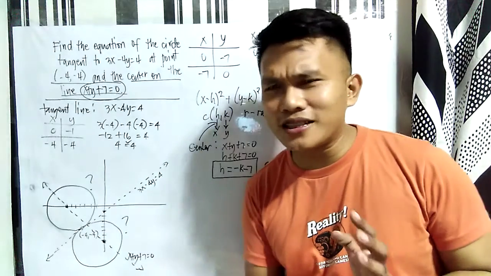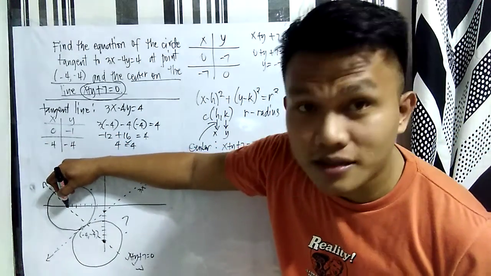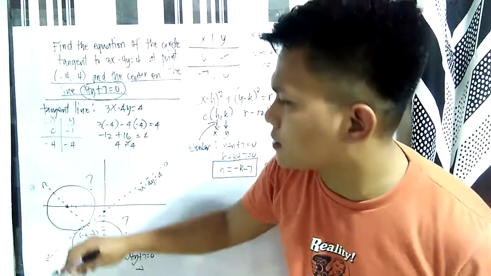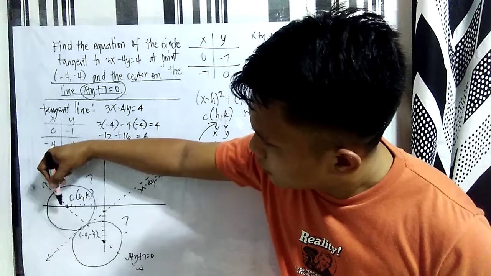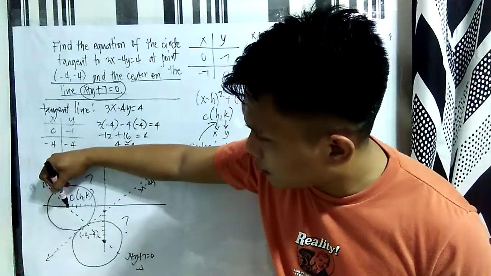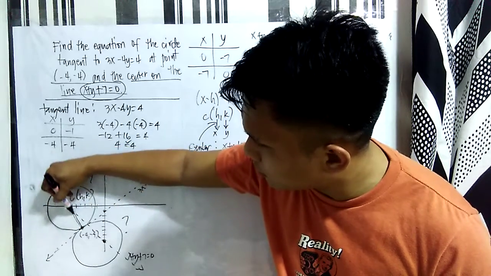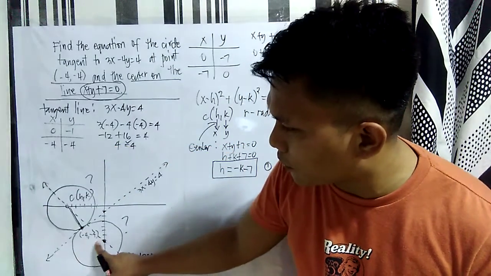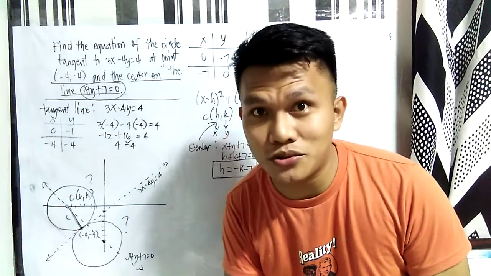Okay, so to get the second equation, we all know that, for example only, assume that this is the center. The center is at hk. If we're going to get the distance from the center hk to the point of tangency, the point of tangency which is negative 4, that refers to our radius.